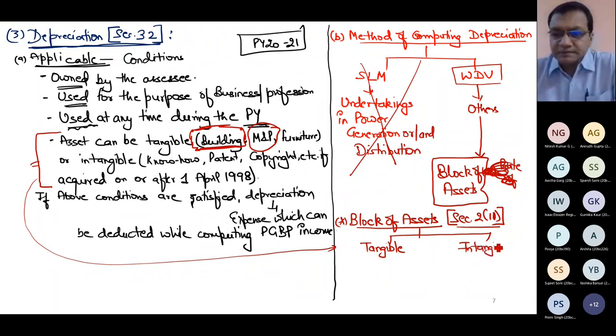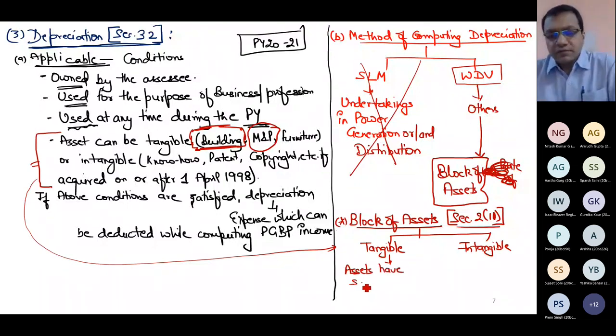What is the block of asset? Assets having the same rate become the block. Similarly, in case of intangible also, assets having the same rate become the block.